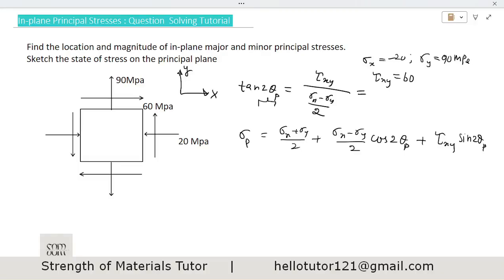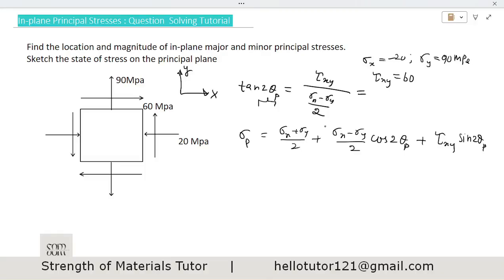Let me use a calculator. Tangent of 2 theta p is equal to tau xy, which is 60, divided by sigma x minus sigma y divided by 2, where sigma x is minus 20 and sigma y is 90, divided by 2. So we got two angles.